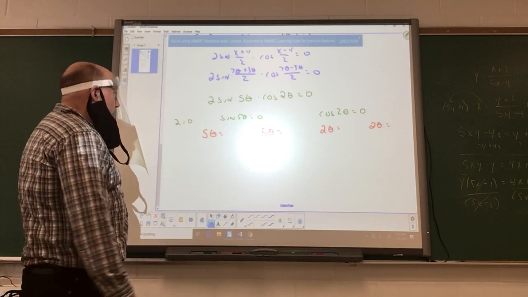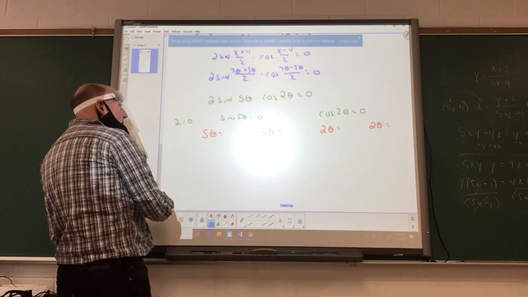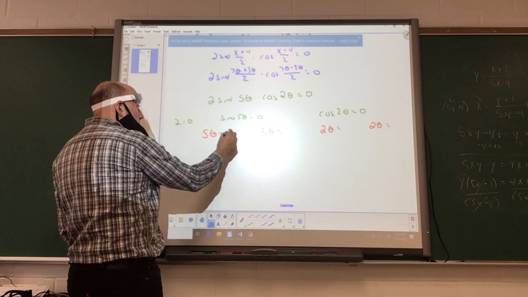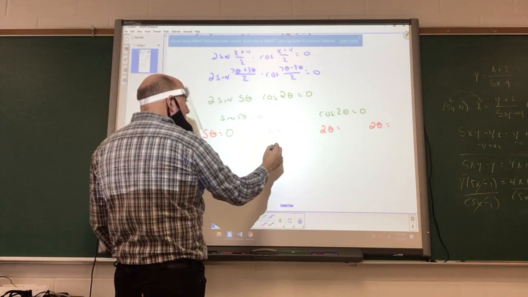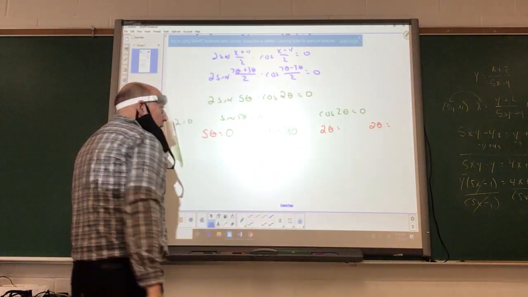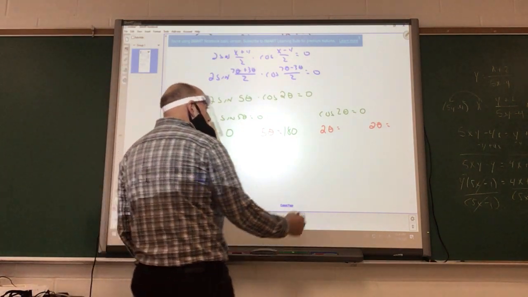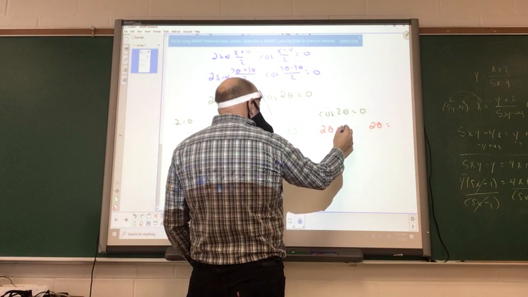Coordinate, what do you have for the inverse sine of 0? What do you get? And what else? 180. Okay, we take the inverse cosine of 0, we get 2 values. Colder, what are those 2 values? 90.